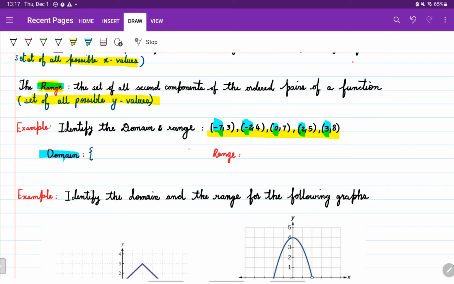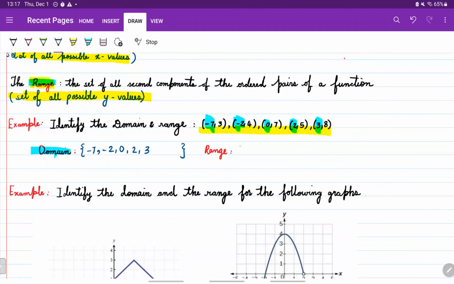This is set notation, using curly braces. So you have -7, -2, 0, 2, and 3. This is our domain. And the range is all the y values, which are 3, 4, 7, 5, and 8.